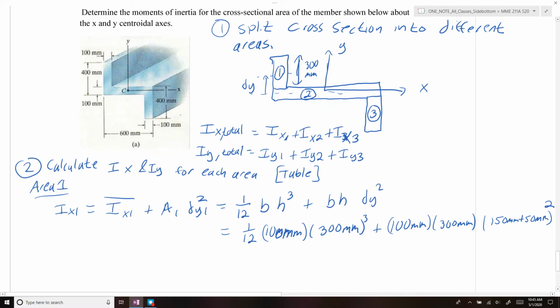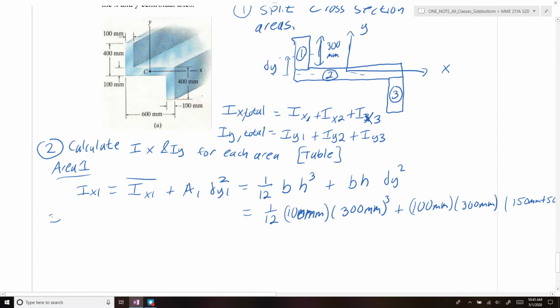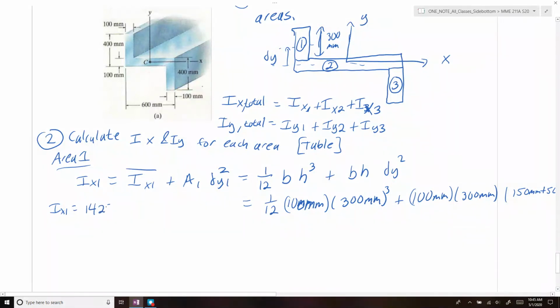Okay. So if we do all of that, what we end up getting for Ix1 is equal to 1425 times 10 to the 6th millimeters to the 4th. Right.